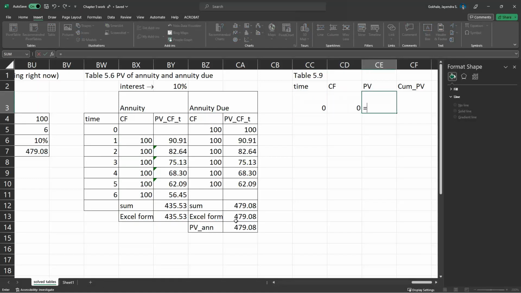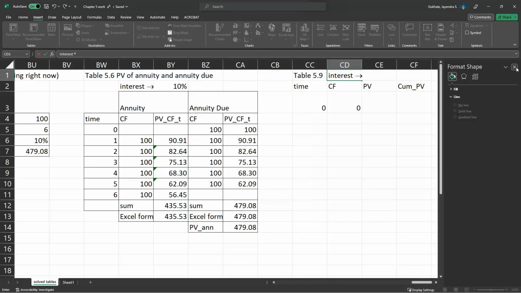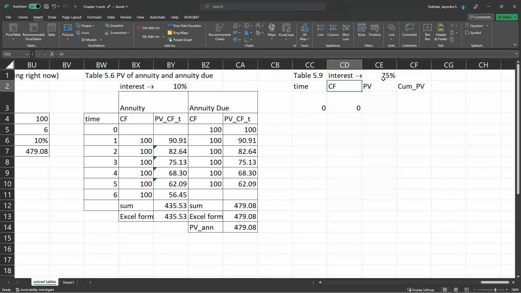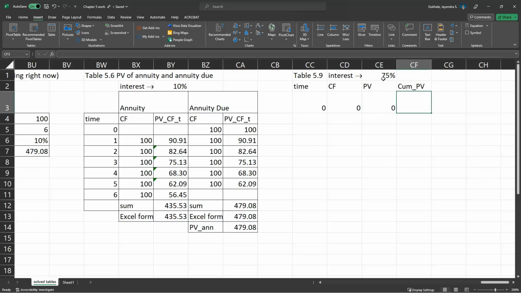The present value is, let's give it an interest rate of 75% as discussed there. So interest, enter, close, don't format any shapes yet, enter. So 75% equals CF divided by parenthesis 1 plus CE $1 to the power CC $3, just CC3, and then equals this.